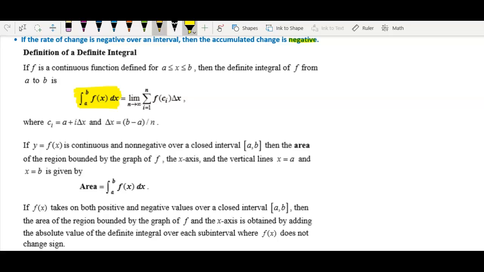So this is called a summation, where we're adding all the terms together. But if we take the limit as n approaches infinity, well, then we're adding infinite terms together, and that's what the integral does for us.